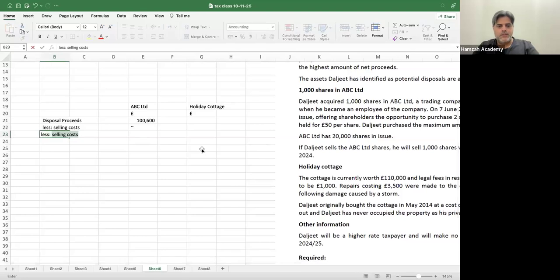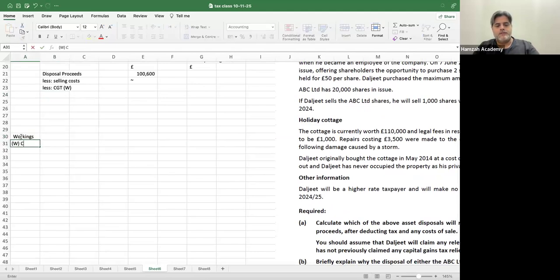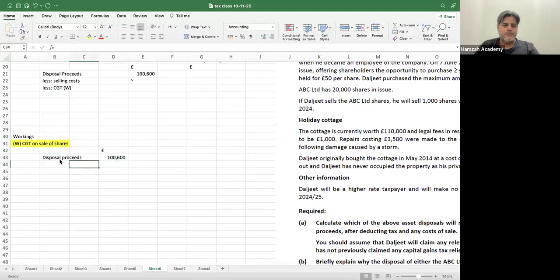Then I am going to have the capital gains tax, so I will go into the workings. I will have the CGT on sale of shares. On the sale of shares, I have the disposal proceeds of 100,600.